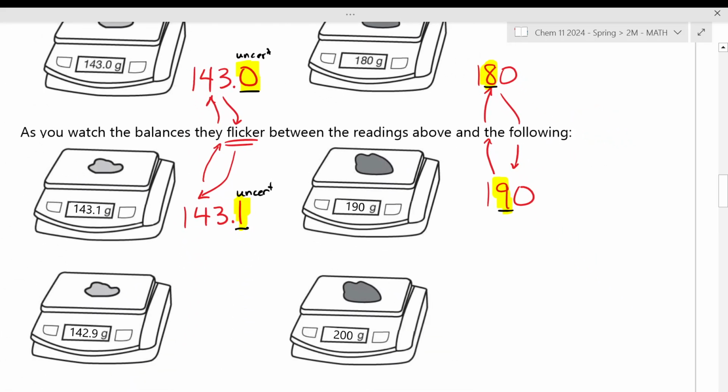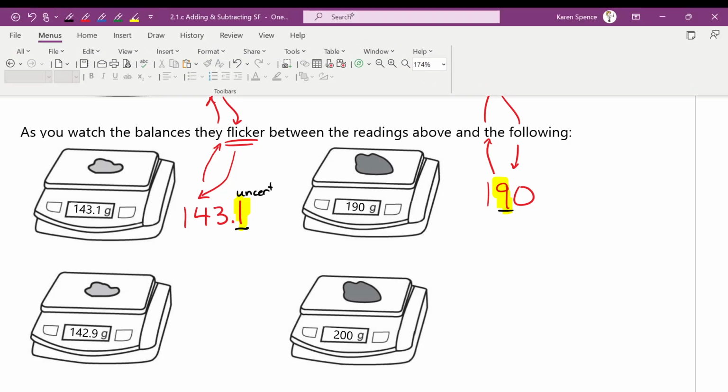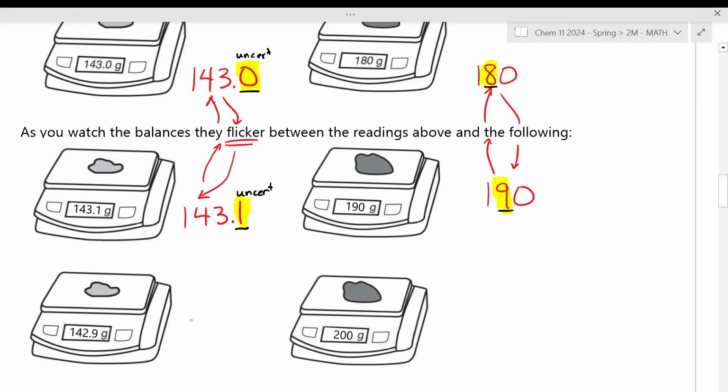And you can actually see we also get another little bit of flickering because sometimes it's not just 2 numbers, sometimes it'll go between 3 numbers. We also have a 142.9, and down here we have a 200.